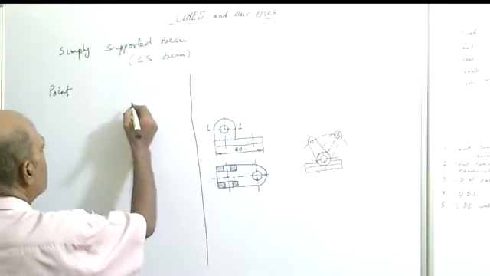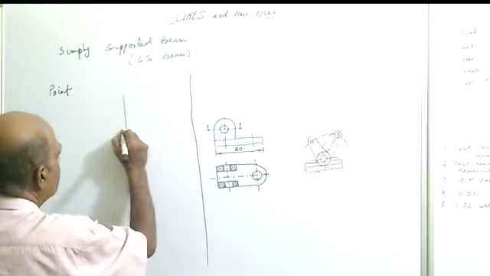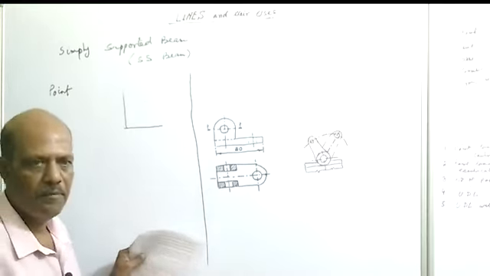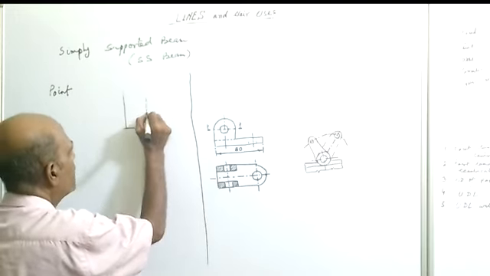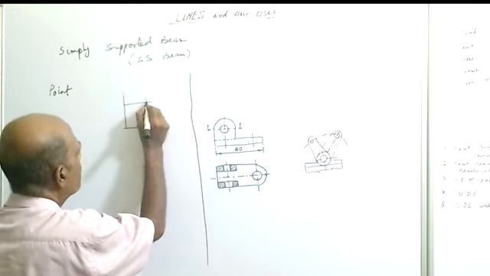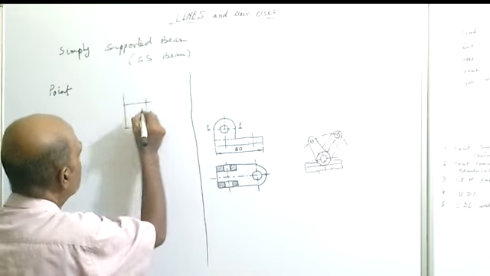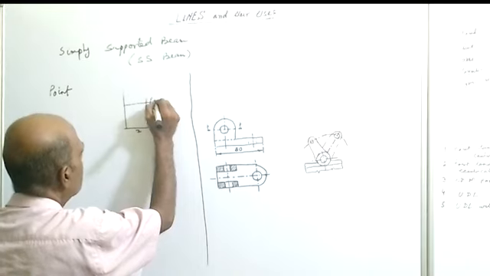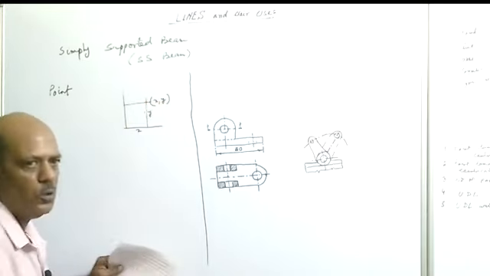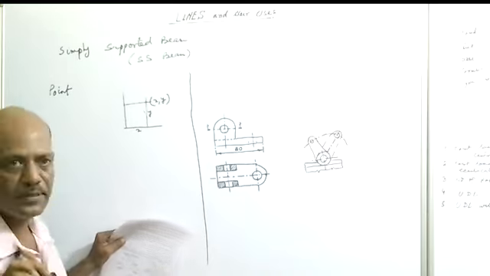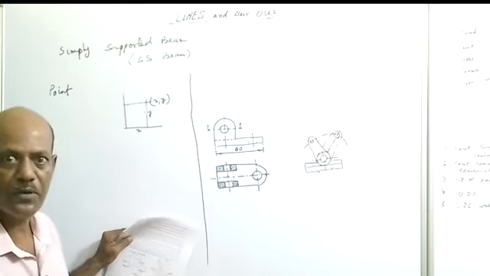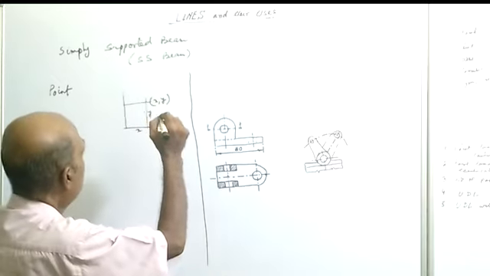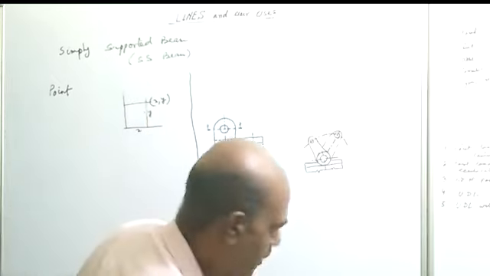In the coordinate system, we have seen a point denoted by some x distance and some y distance. This point is specified by its x distance and y distance, so the coordinates of this point are x, y.